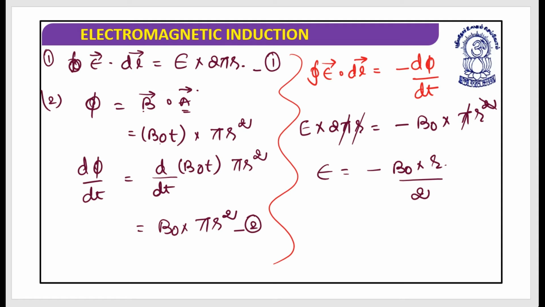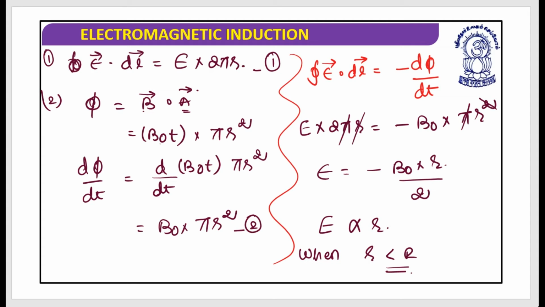So the induced electric field is directly proportional to r when r is less than R. I hope this is clear.